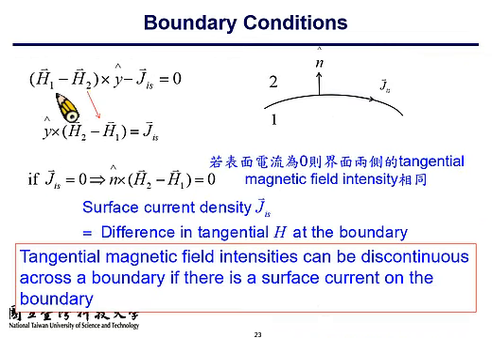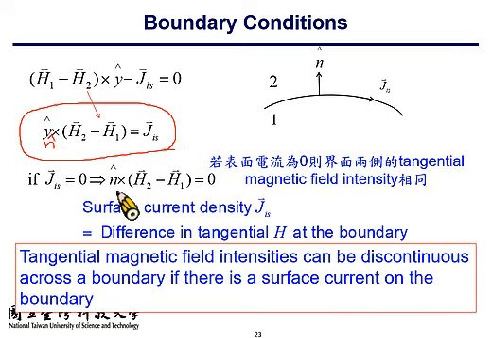So here we go. The relationship derived in the previous slides can be further simplified like this, and this will be the most general case if you replace y with n, the normal vector of the interface.